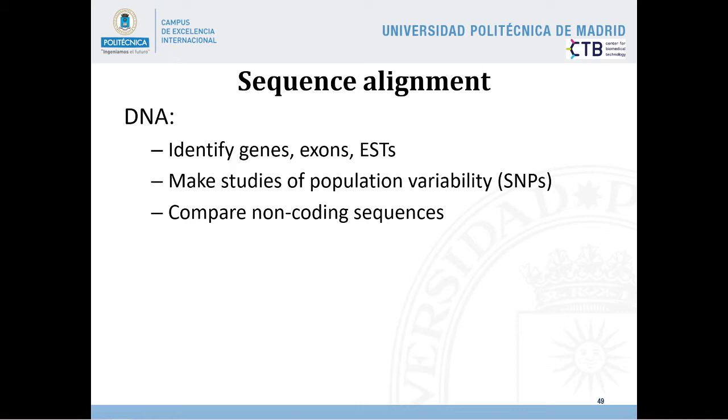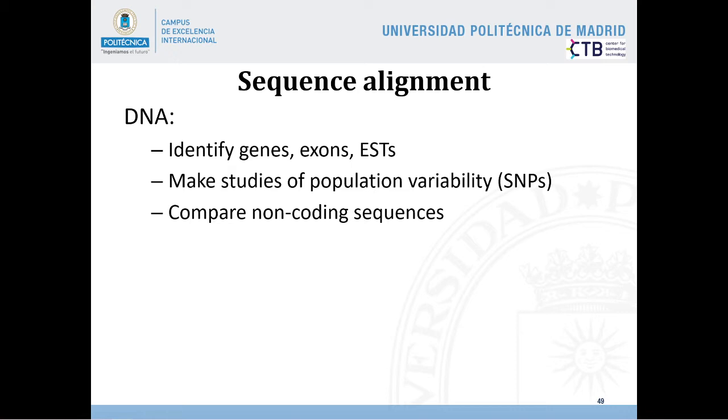Also to see which regions are the coding regions, the exons that we saw the last session, and also to give the sequence what we call expressed sequence tags, ESTs.